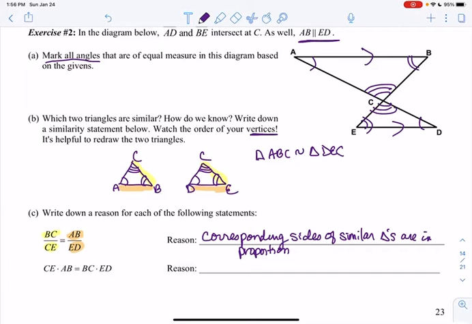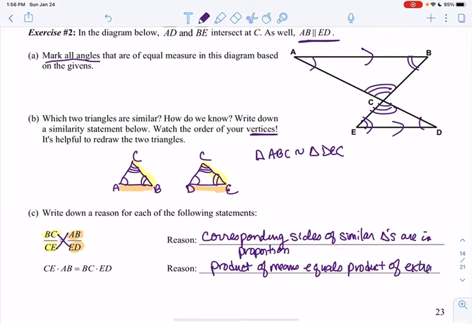So it's sort of similar to when we did that CPCTC in our congruent triangle proofs. And then after I say the sides are in proportion, I can cross multiply, and CE times AB is equal to BC times ED. And the reason for that is the product of the means equals the product of the extremes.